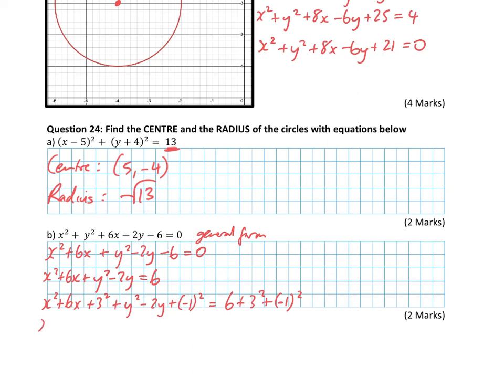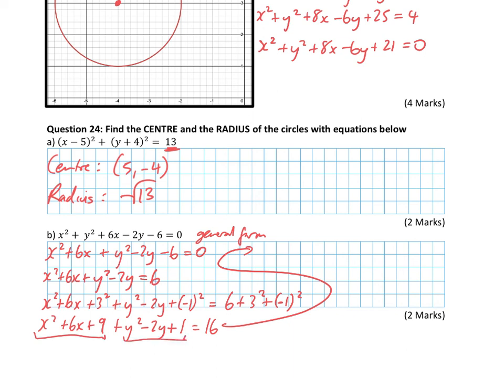Do some working here: x squared plus 6x plus 9 plus y squared, take 2y, negative 1 times negative 1 is 1, equals 6 plus 9 plus 1, 16. Bring that up here. This is a perfect square. That is a perfect square.